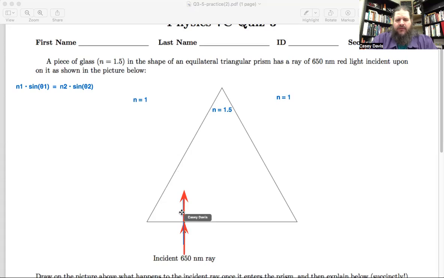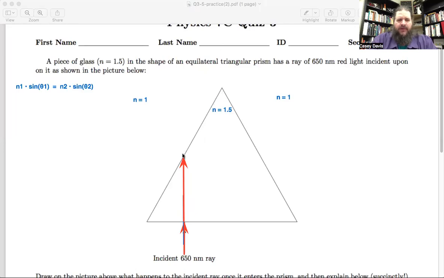So if it goes straight through, what's the next thing it's going to hit? It hits the other edge. Yeah, it's going to continue same direction and eventually hit this surface. So what we're going to need to do then is put in another normal line at that location.